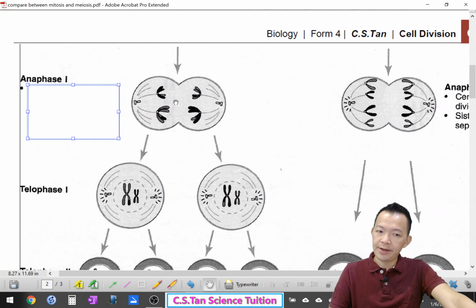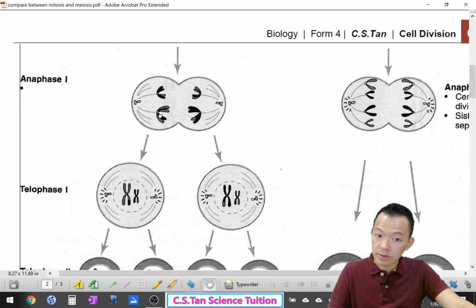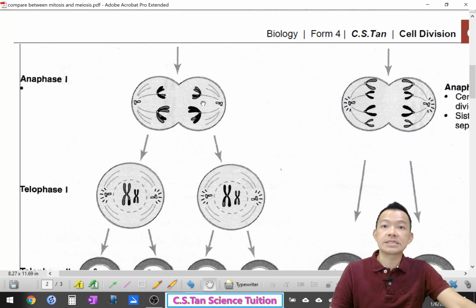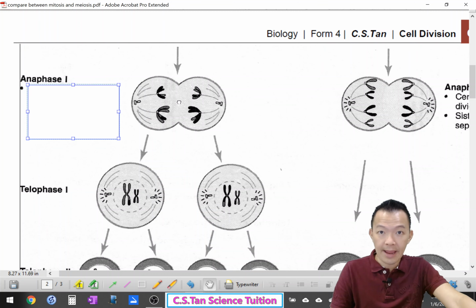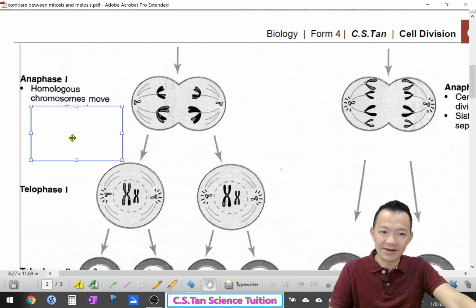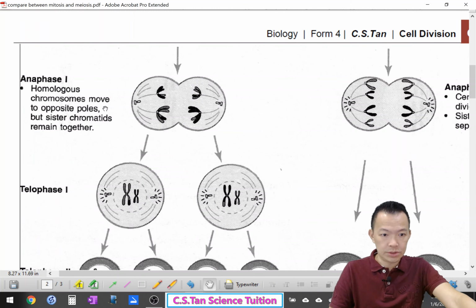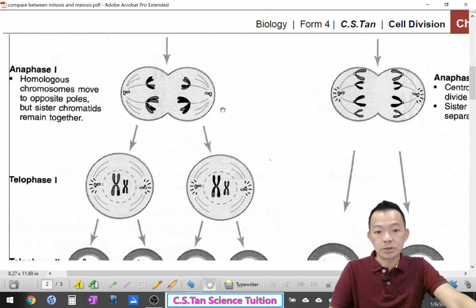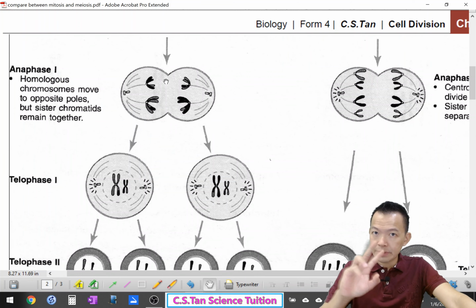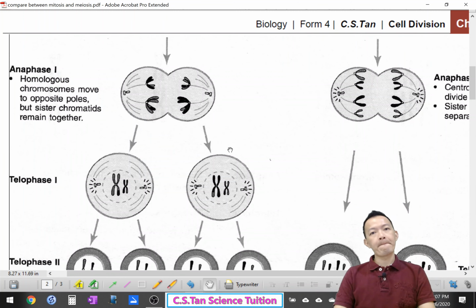Compared to the other one, they do not separate the chromatids, they just separate the homologous chromosomes. So homologous chromosomes move to the opposite poles, but the sister chromatids remain attached together. So here it separates chromosomes, not chromatids. Clear?